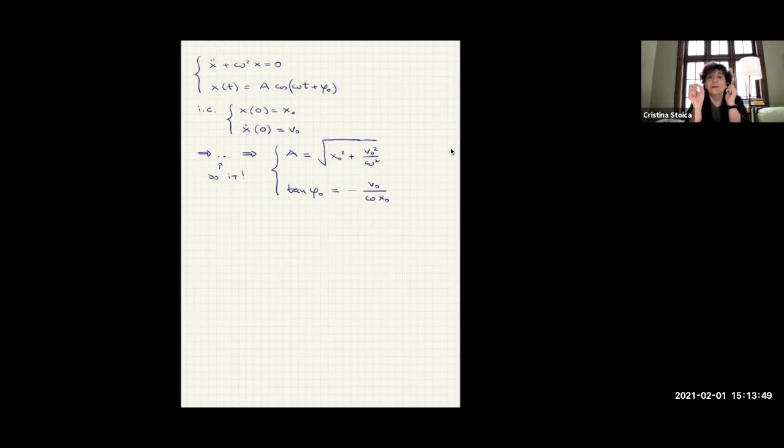And this can be proven, actually. My favorite example is a ball at the bottom of a top.